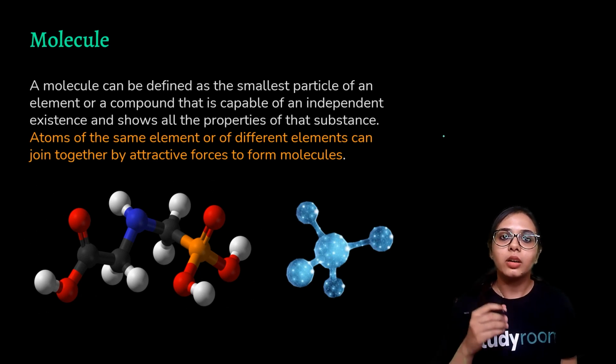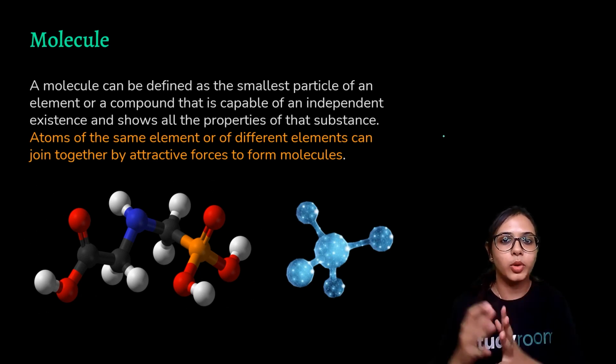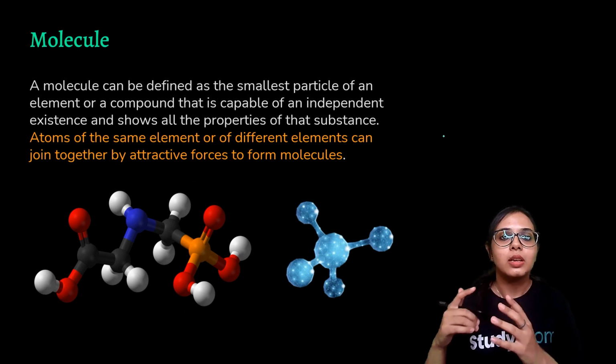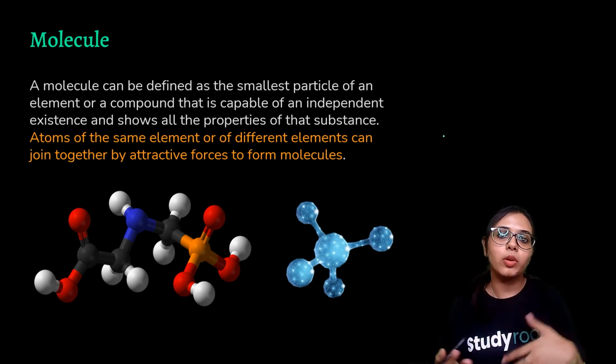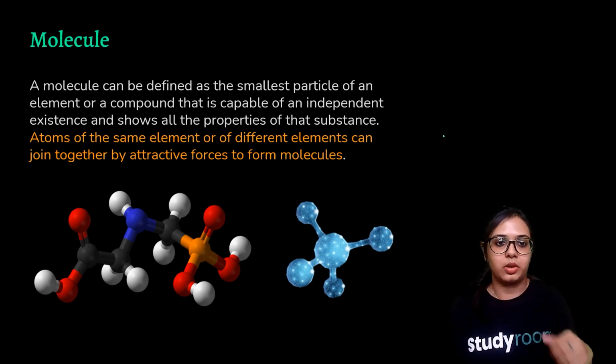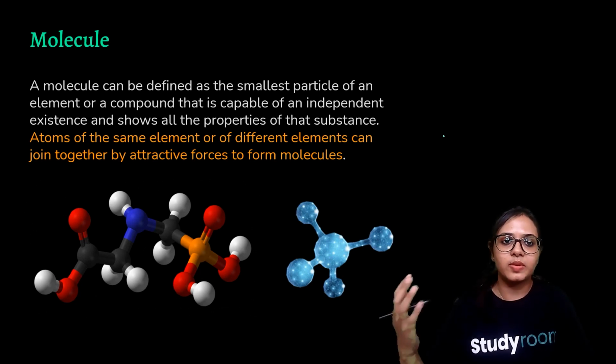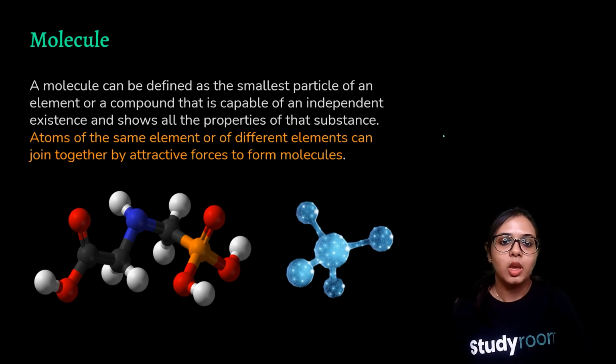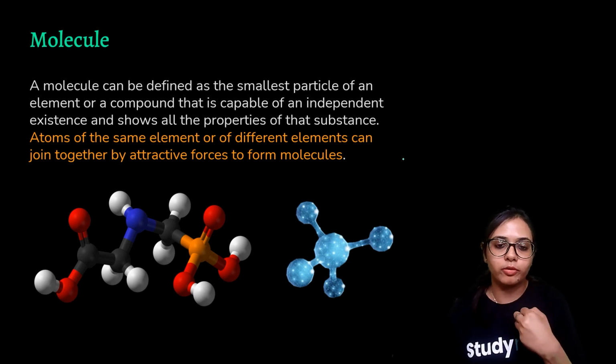They come together to form molecules with the same atoms of the same element or maybe of a different element. Whenever atoms are coming together, maybe from the same element, maybe from different elements, to form a combination of atoms, we name them a molecule.